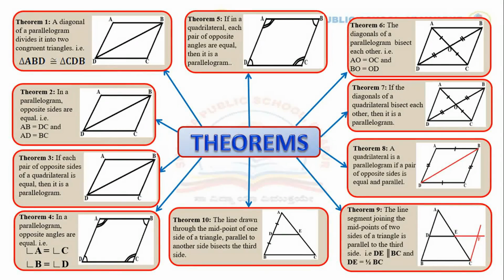That is, in the triangle ABC, D is the midpoint of AB, that is AD is equal to DB, and DE is the line that is parallel to BC. Then this line DE bisects AC. That means E is the midpoint of AC.